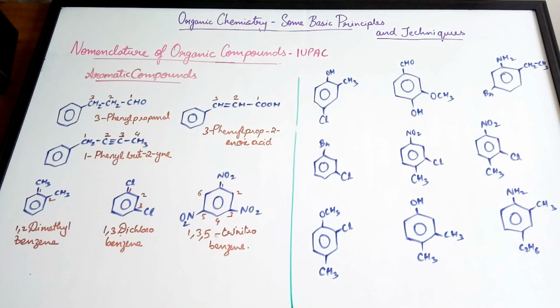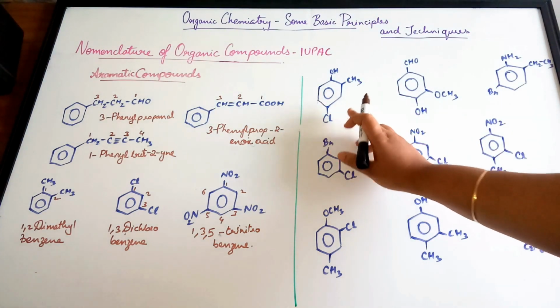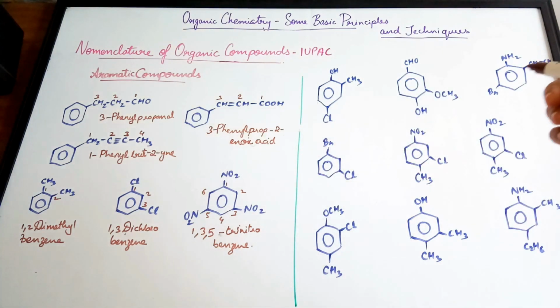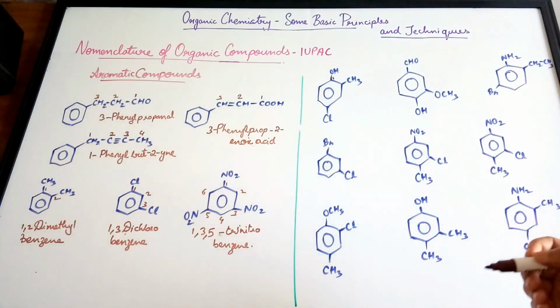The next set of substituents, if you notice, when you have different substituents attached to the benzene ring, there is a certain change in the rule that gets followed. Here, the principal functional group gets position number 1. So in the first case, you have an alcohol, a methyl and a chlorine. From what we know about the order of the functional groups, alcohol gets more priority.